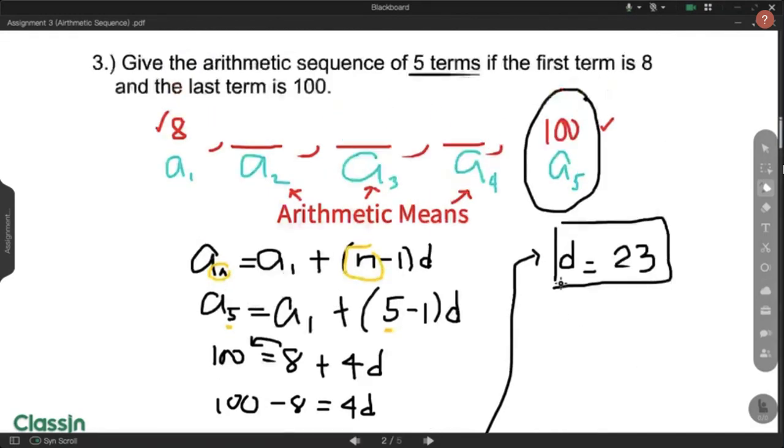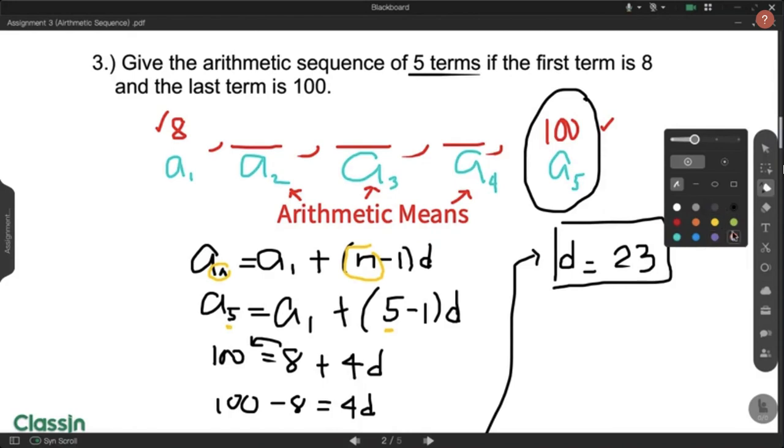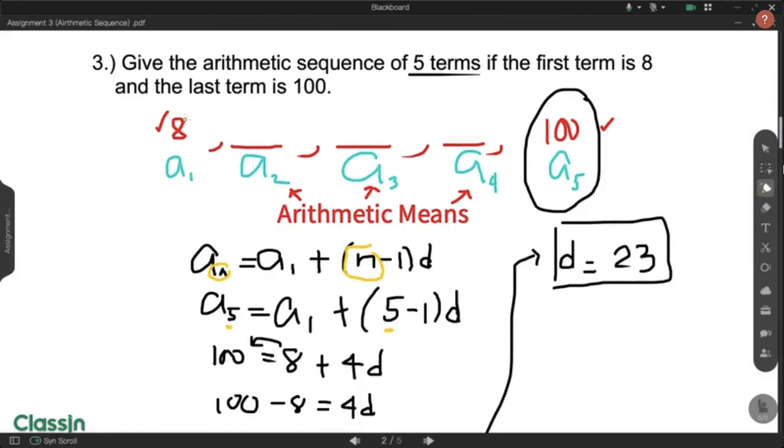But we're not yet done, because we're asked to find the first 5 terms of the sequence. What we have to do is just add 23. 8 plus 23 is 31, plus 23, plus 23, plus 23.